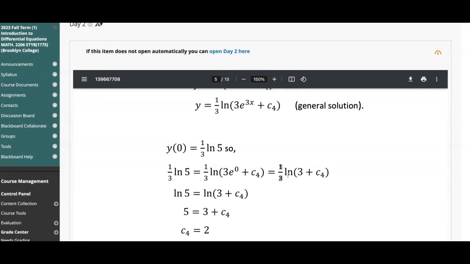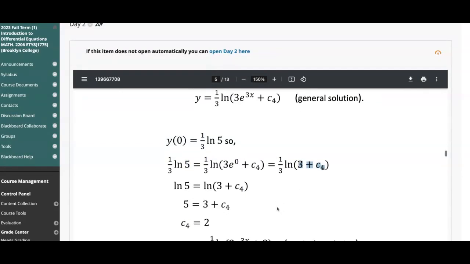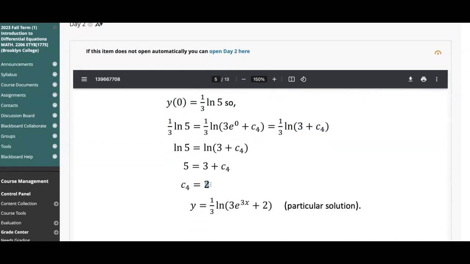So this is a 5, this is 3 plus a constant, so the constant has to be 2. So our particular solution for the given initial condition is y of x equals 1/3 of ln of 3e to the 3x plus 2. Anyone has any question?